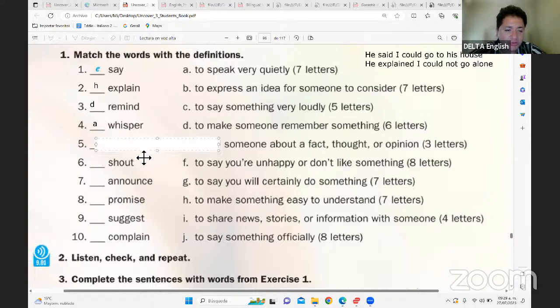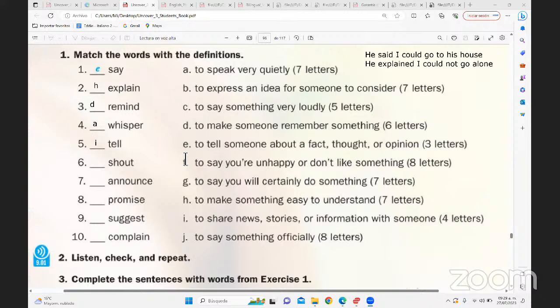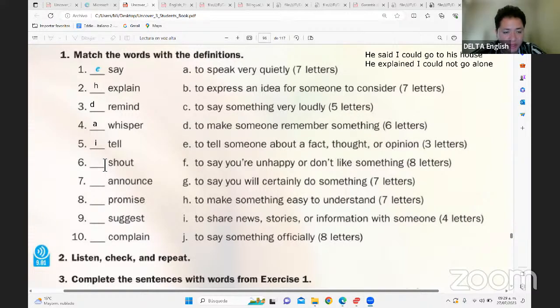How about shout? Shout is the opposite of whisper, it is to speak very loud. So what do you think that is? C. Good. Okay, so that's C. Good.